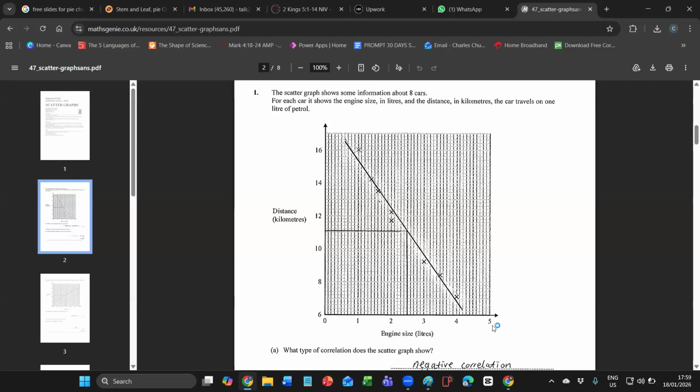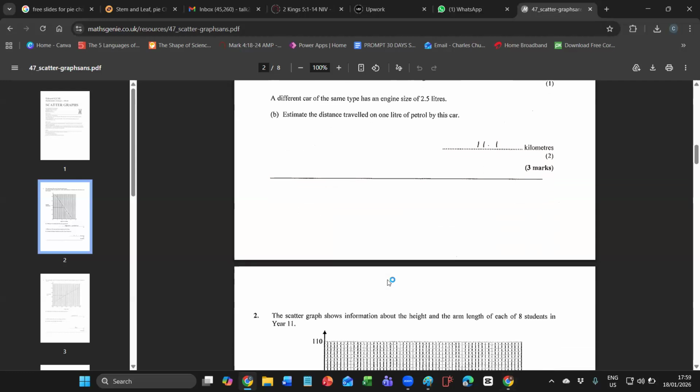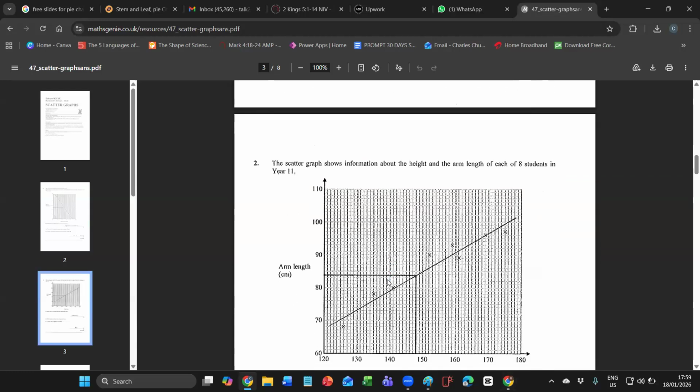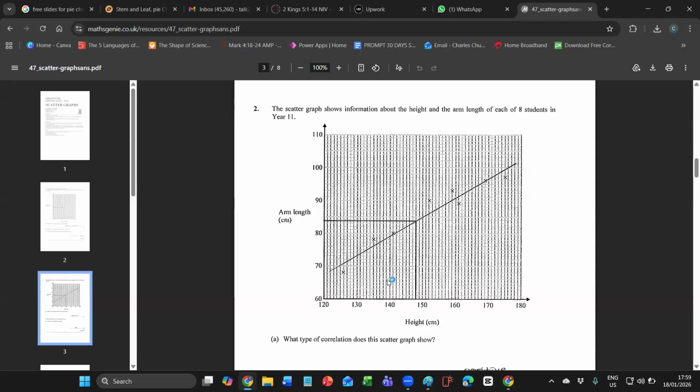So let's take a look at the second one. Hopefully, the second one will present some form of variety that the first one didn't cover. The second one says the scatter graph shows information about the height and the arm length of each of 8 students in year 11.